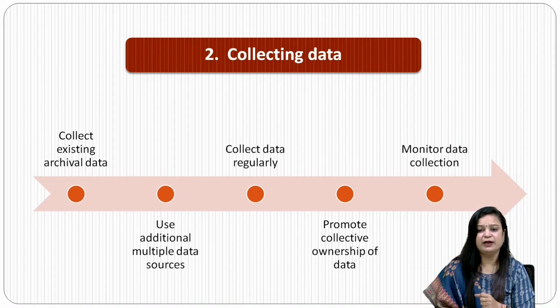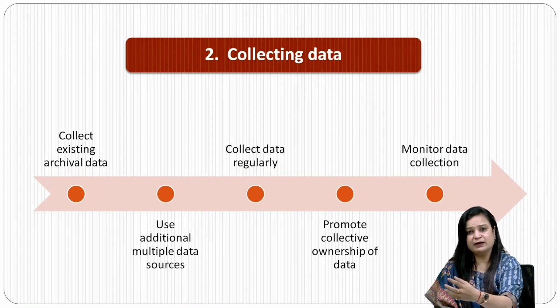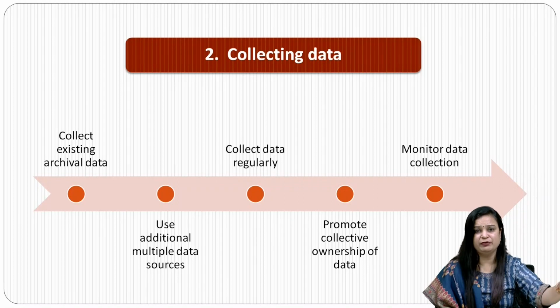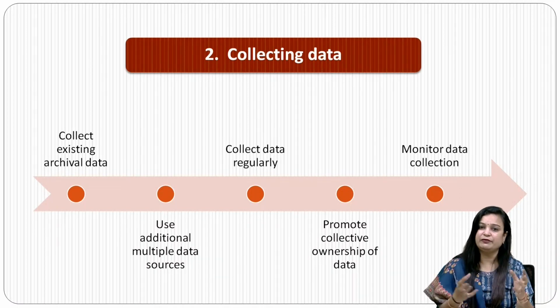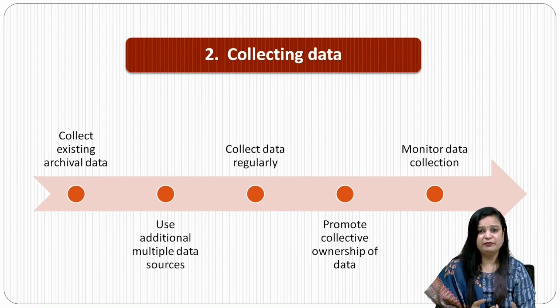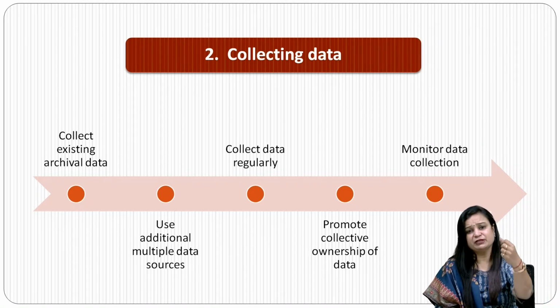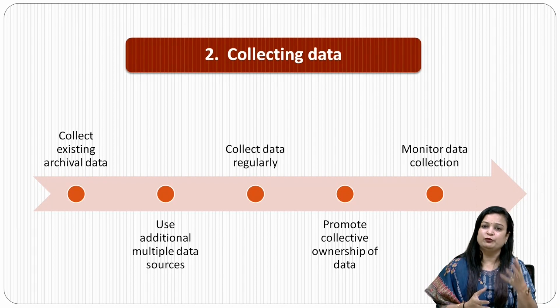Collective ownership of data means one data set collected by me, one by X person, one by Y person, one by Z person. Why is this collective data important? Because when there are different modes of data collection, I might get some different information, X might get some different information, Y might get some different information, and that compilation of data might help us for a fruitful action research.